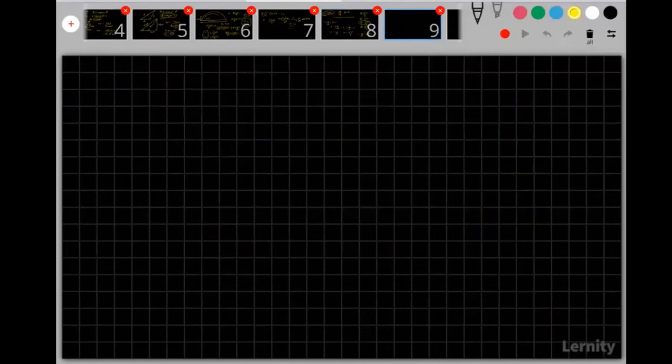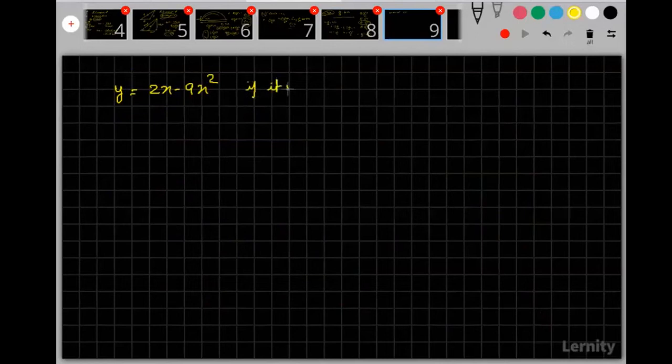The trajectory of a projectile near the surface of the earth is y is equal to 2x minus x squared.